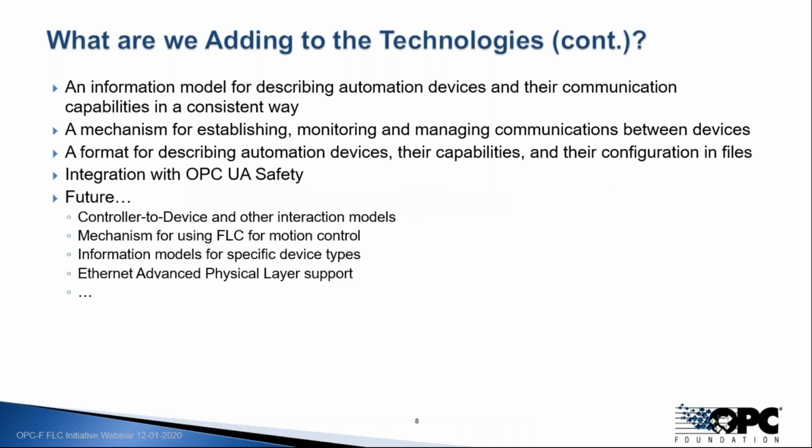So in addition to defining profiles, of course, we're doing a lot more than that. We are defining an information model for a consistent way of describing devices and their capabilities.